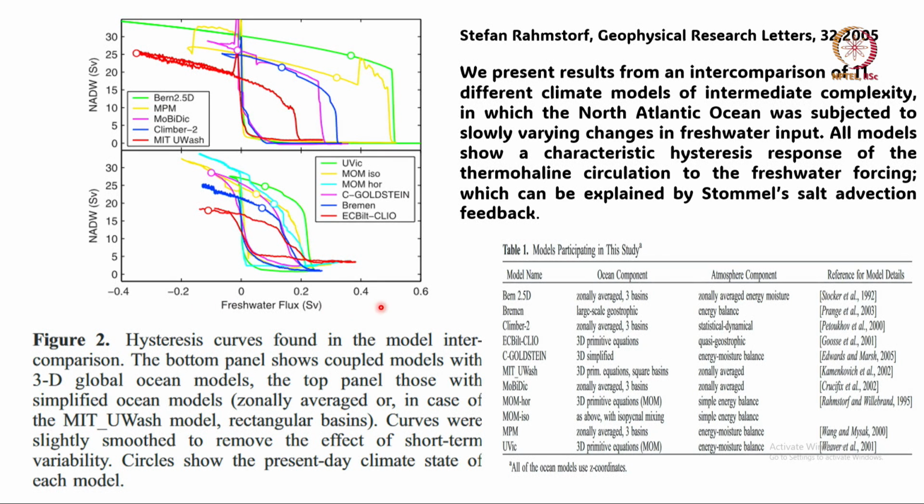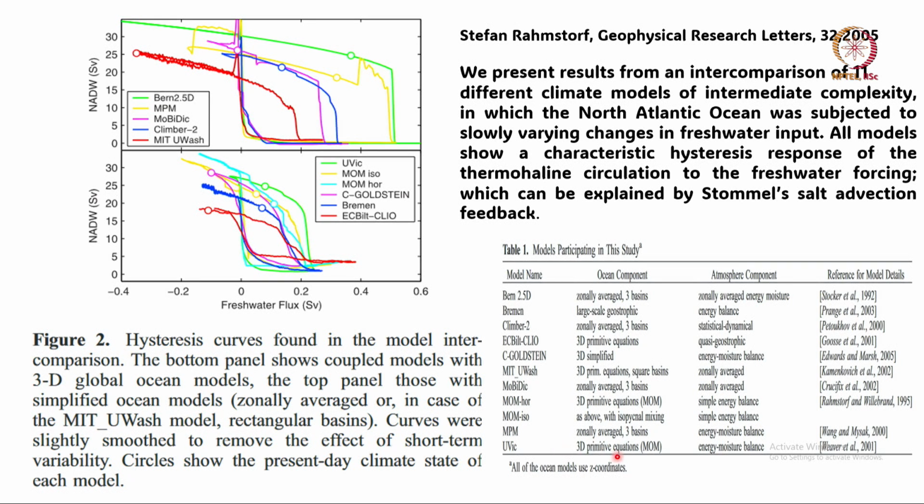Now, subsequent to this work going on with a coupled model, Stefan Rahmstorf did a lot of work to understand the Atlantic meridional ocean circulation, and for that a group of scientists ran about 12 to 13 models, okay, of various complexities.